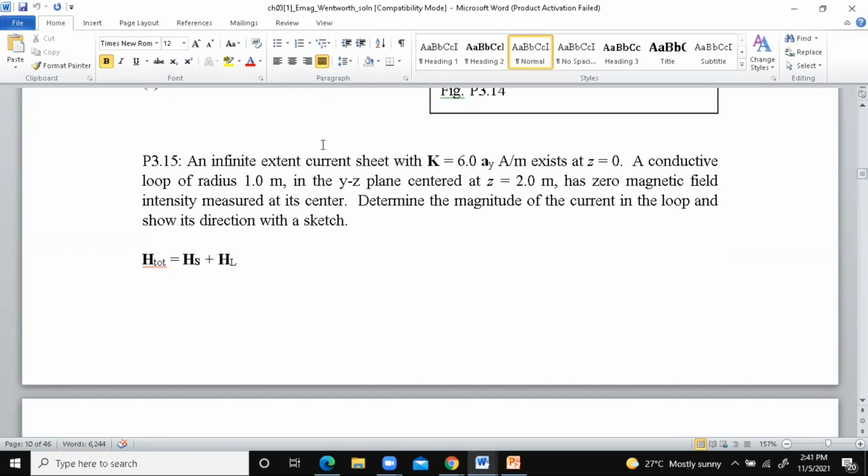So, an infinite extent current sheet with K equal to 6 AY amps per meter exists at Z equals 0.